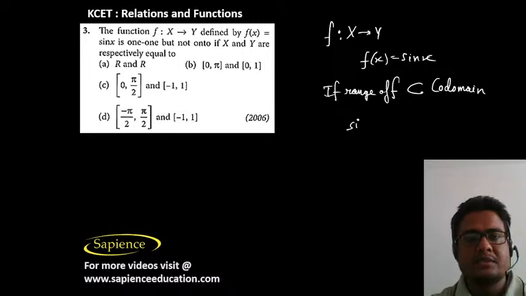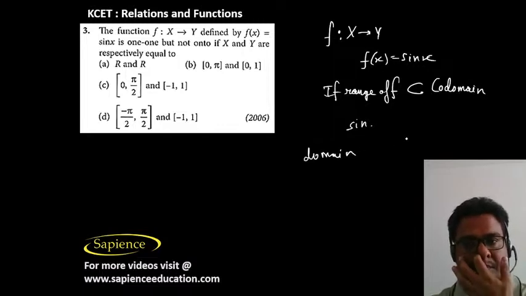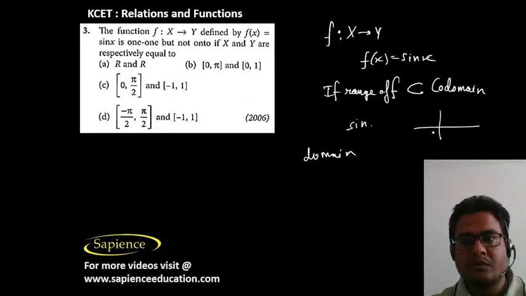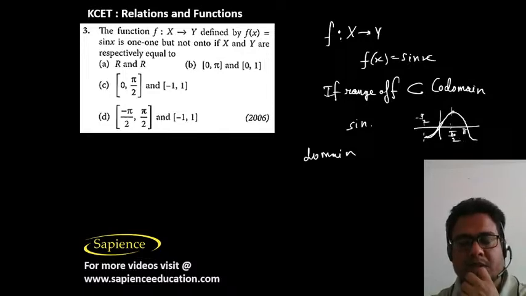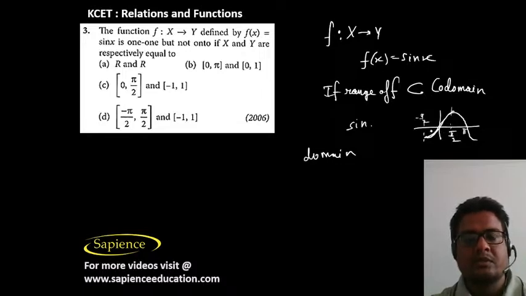You know that sin x, the graph of sin x over the domain minus pi by 2 to pi by 2 is this. This is minus pi by 2, this is pi by 2. Yeah, it's 1-1.